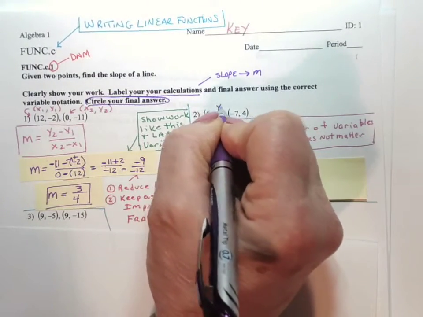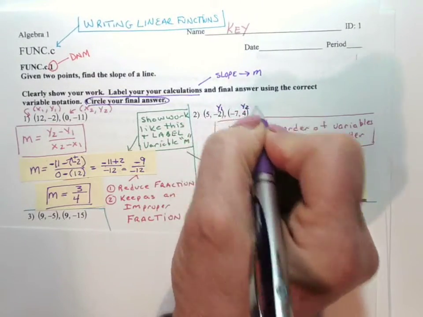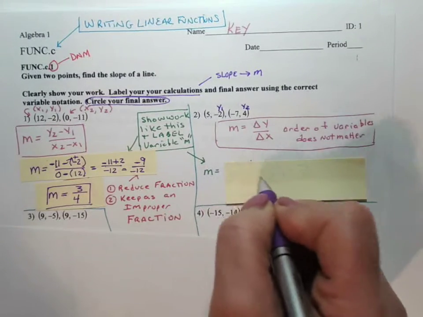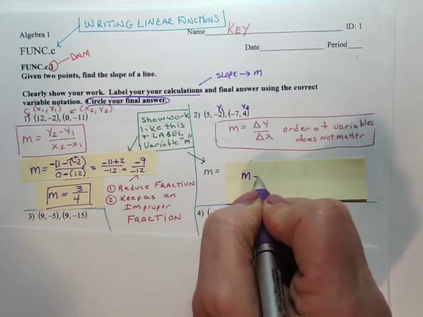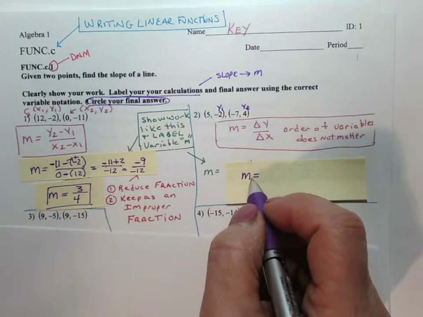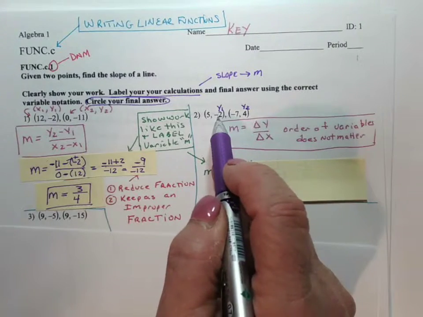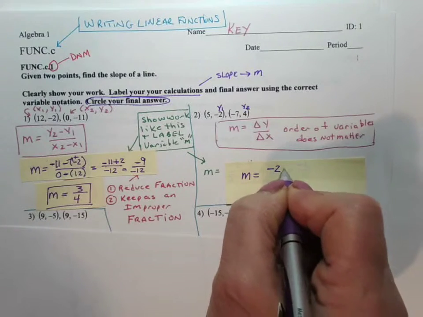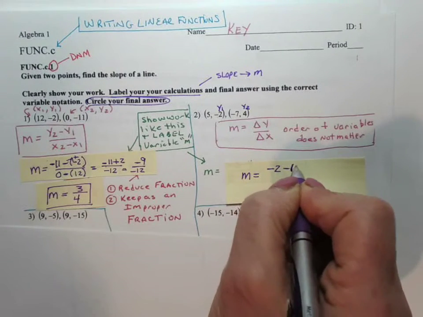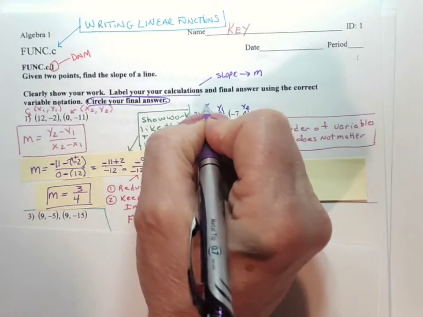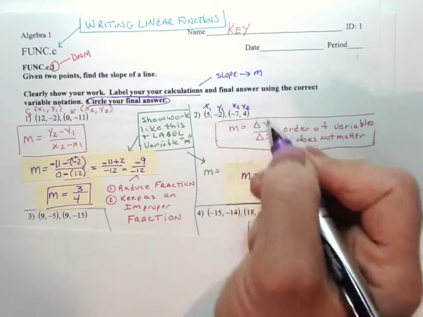So this is y1 and y2. In this case, I have m equals, you always label your calculation, y1, so that is negative 2 minus 4, and then you have x1 and x2.